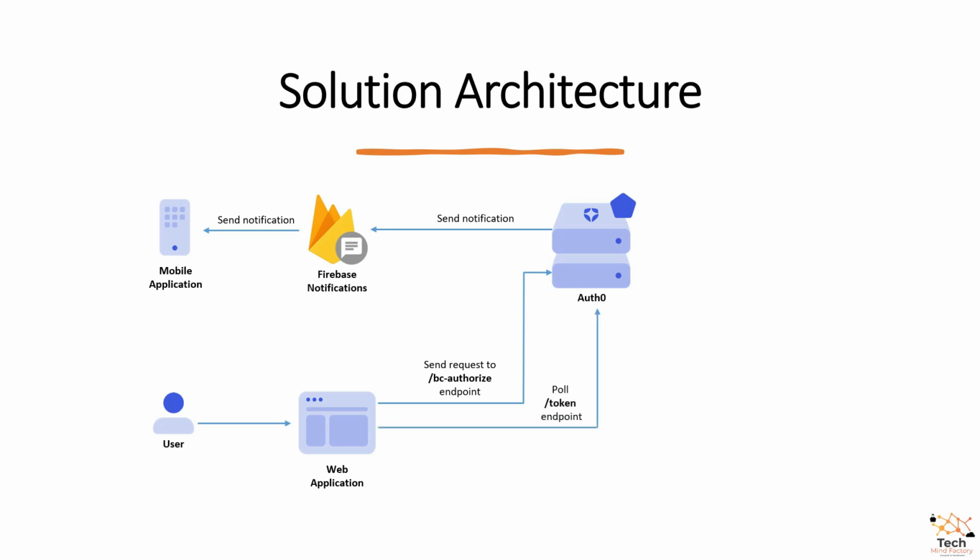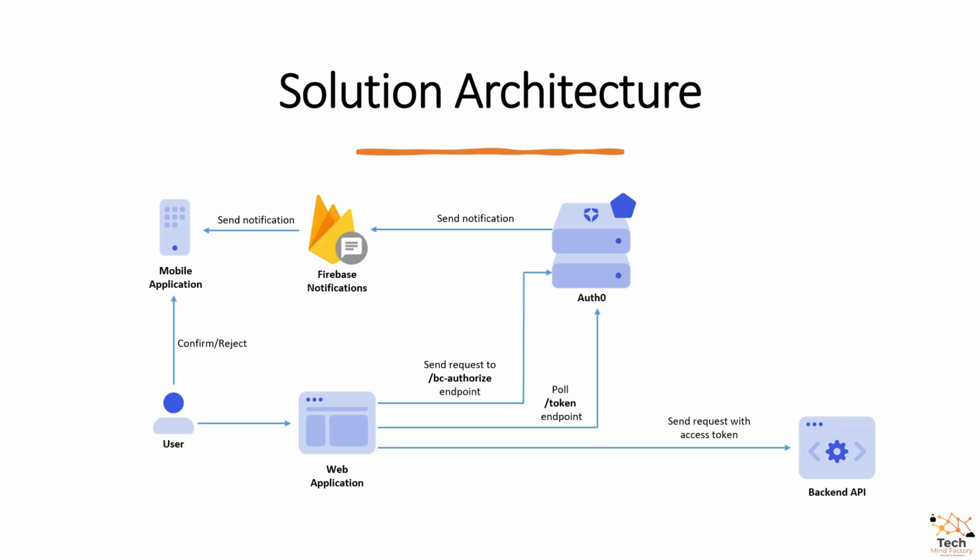The web application starts polling the token endpoint to check the user decision, and the user can either confirm or reject this authorization decision. Once a decision is made by the user, the application will receive the access token and can access a specific backend API.